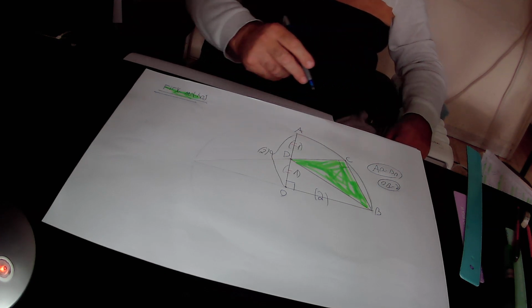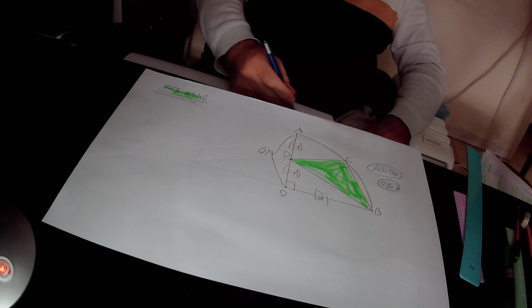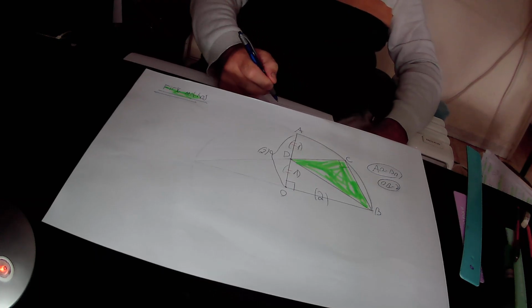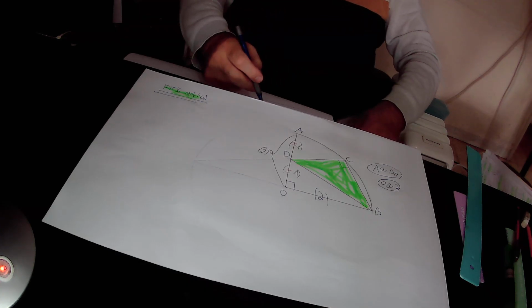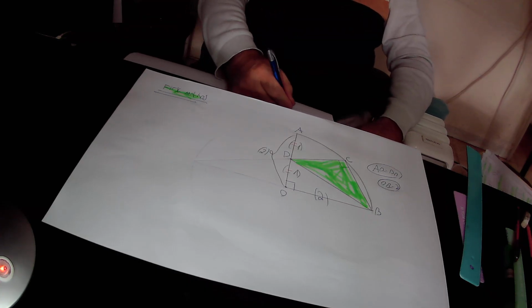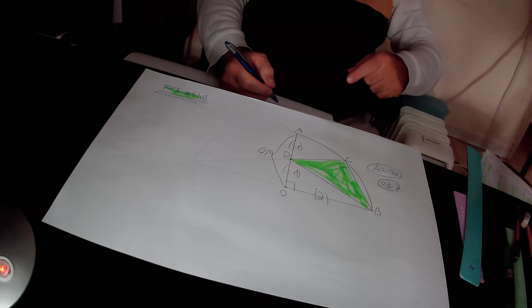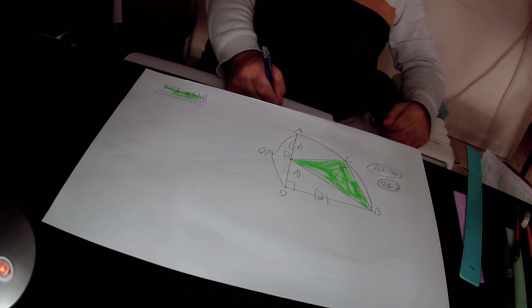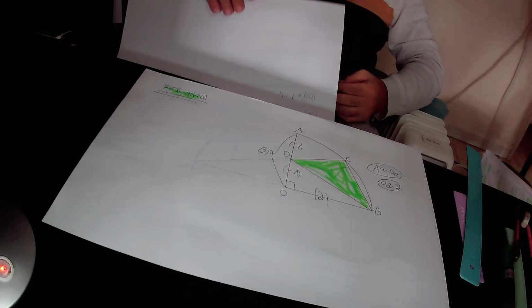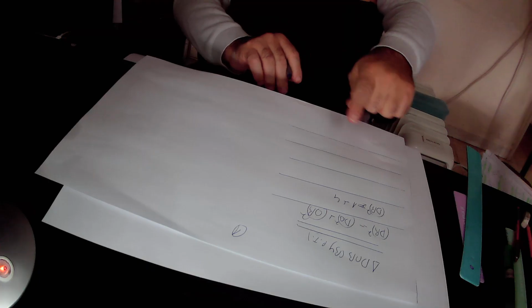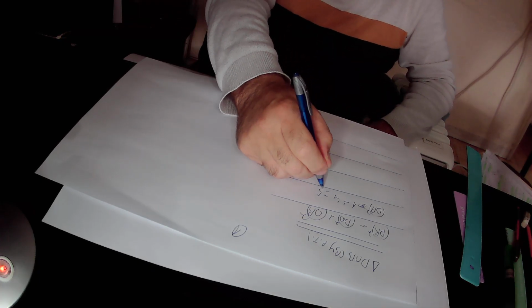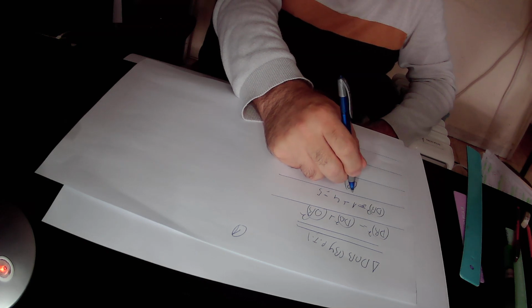DB is the missing side, so we leave it as it is. So DB square equals DO square. DO is 1, therefore DO square is 1 square, that is 1. Plus OB square. OB is 2, therefore OB square is 2 square, that is 4. So in total, DB square equals 1 plus 4, that is 5.